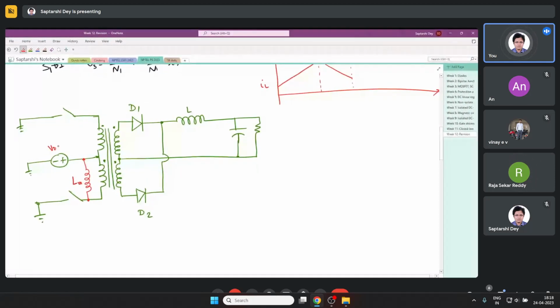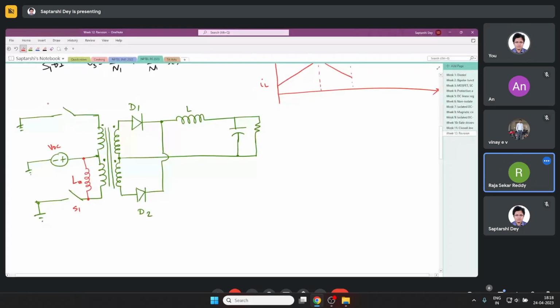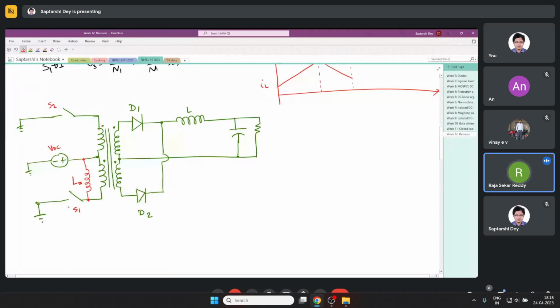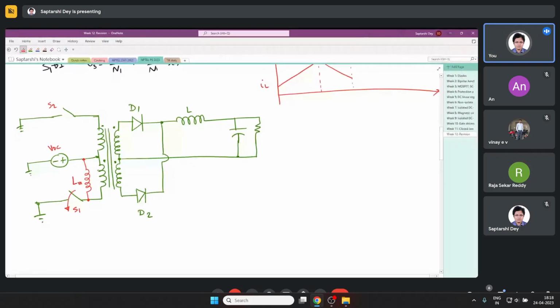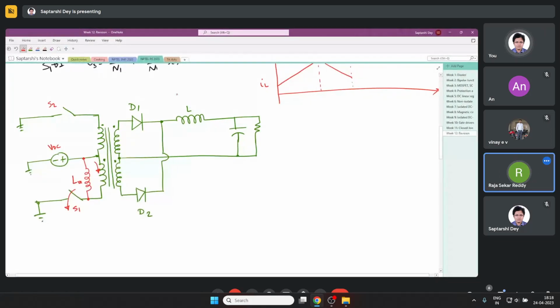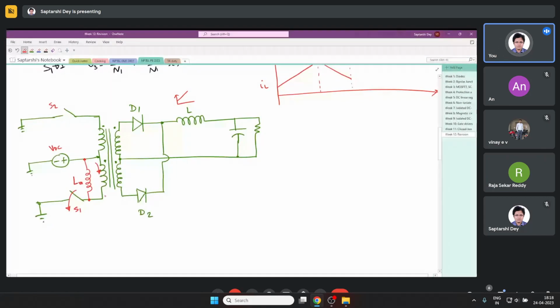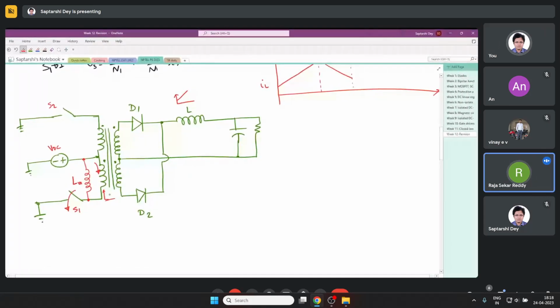Now this is VDC, this is S1, this is S2. Now if we look at the core, when you close S1, then apart from the load component of the current which was being drawn previously, like this inductor current is increasing, so this current is also increasing like this.